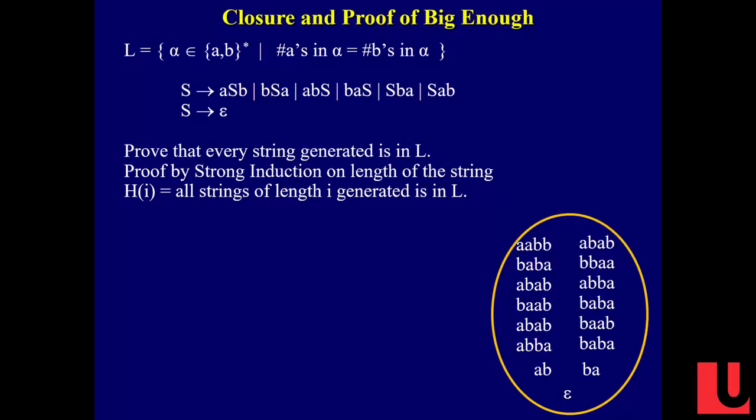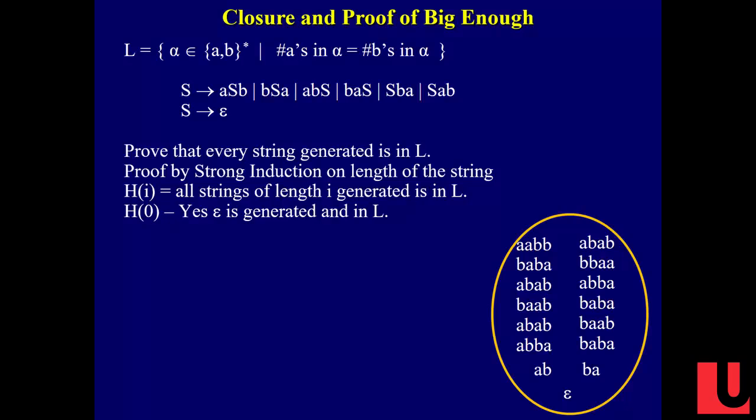Do you guys remember strong induction? What's the difference between strong induction and regular induction? Regular induction, you assume i minus 1 in order to prove i. And strong induction, you assume everything smaller. So Hi is the statement that all strings of length i generated by this grammar are in the language.